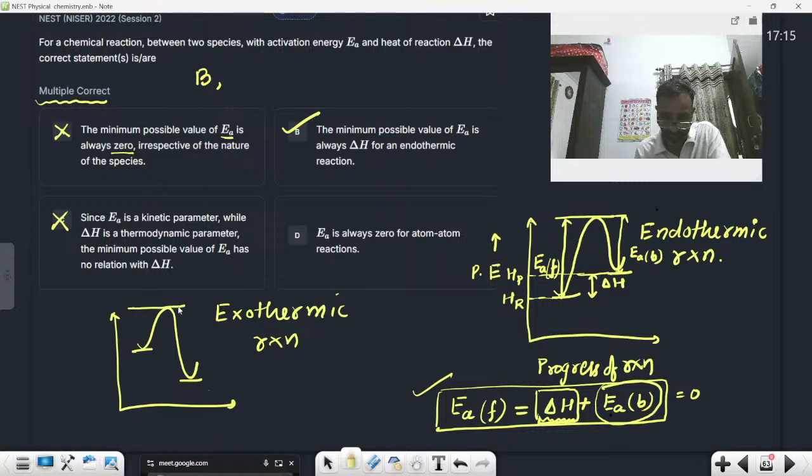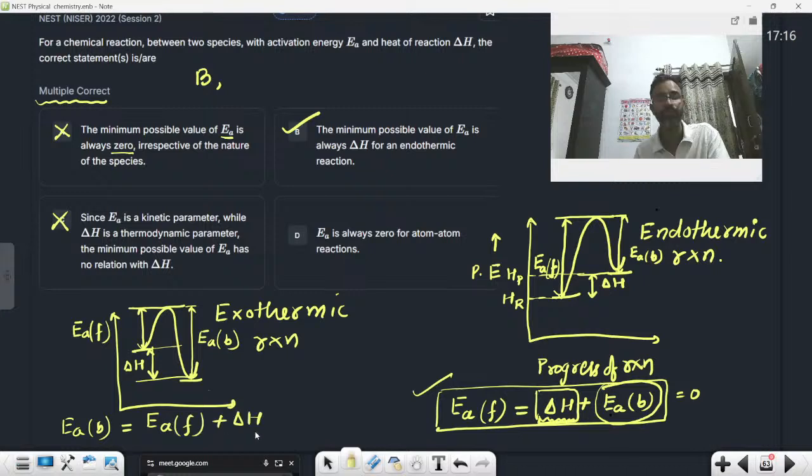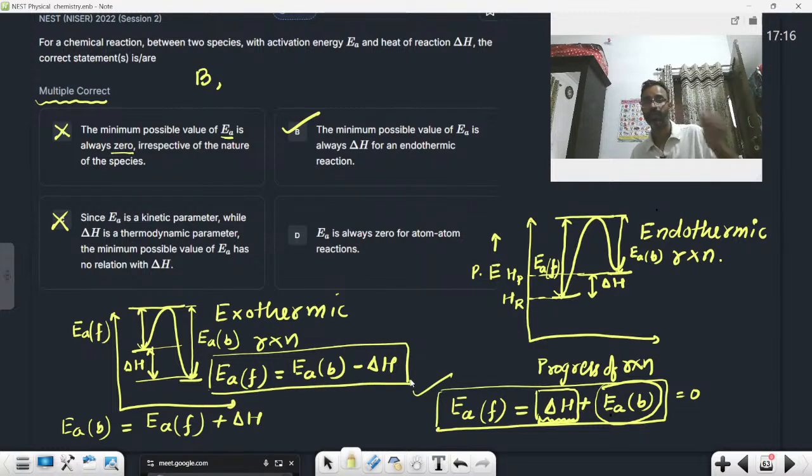For an exothermic reaction, it is the other way around. So the activation energy for the backward reaction is equal to the activation energy for the forward reaction plus delta H, or we can say the activation energy for the forward reaction is equal to the activation energy for the backward reaction minus delta H.